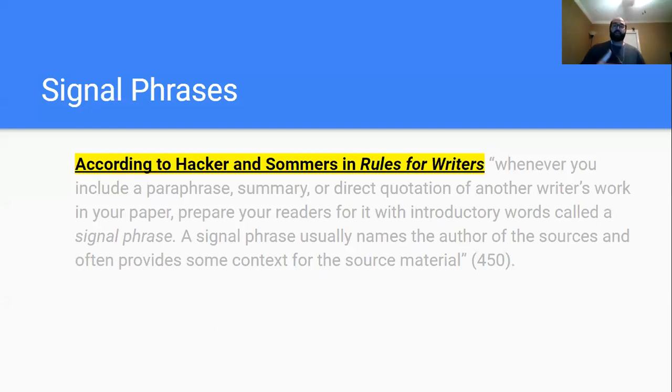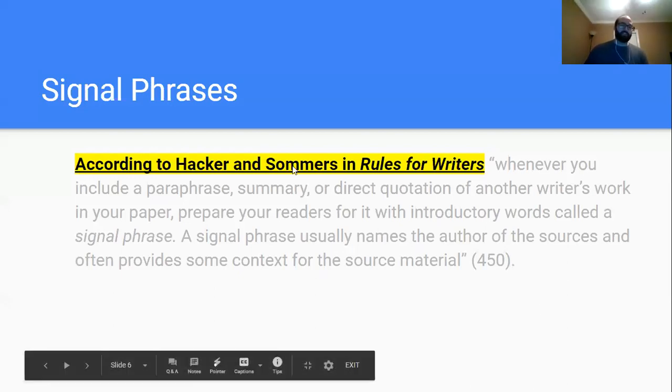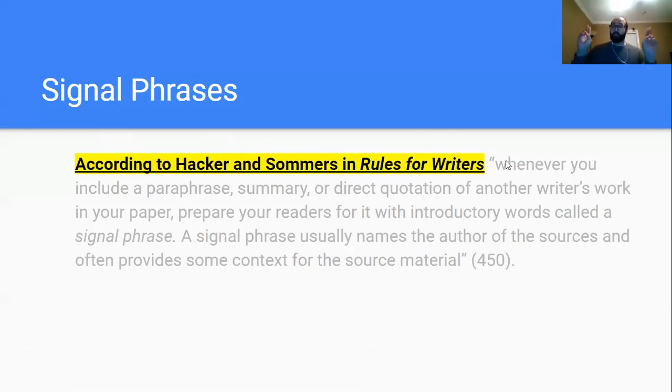And if we look back to the quote I used from Rules for Writers earlier, I was a bit deliberate in my usage of that because I included a signal phrase. The quote appears in quotation marks, but I was deliberate in including a signal phrase. I said, according to Hacker and Sommers in Rules for Writers, that's a signal phrase.